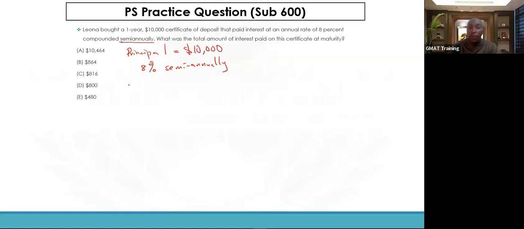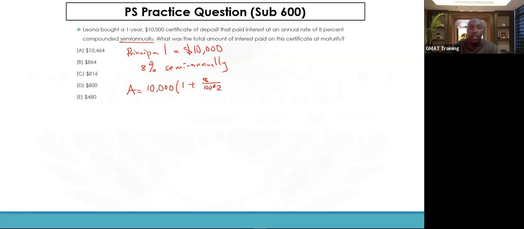So the total amount equals the 10,000 principal times the multiplier. In this case, the rate is compounded semi-annually, therefore you can separate these two values and have 8 over 100 semi-annually times 2.